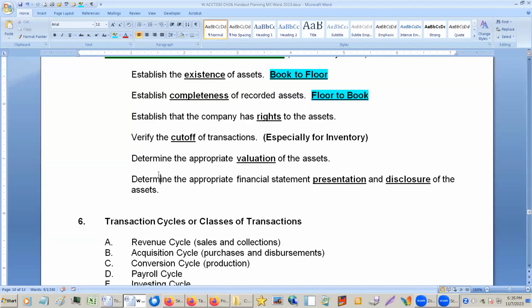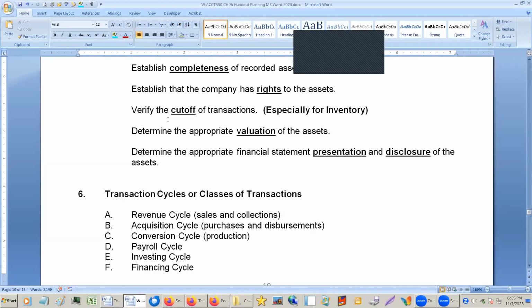But for bigger things that are not inventory, it's not as crucial for the income statement as it is for, say, inventory. So inventory is the one that we really look at when it comes to the assets, and especially this cutoff thing.